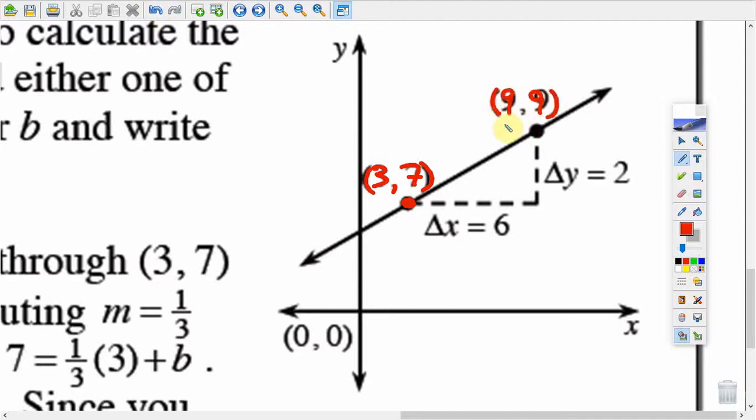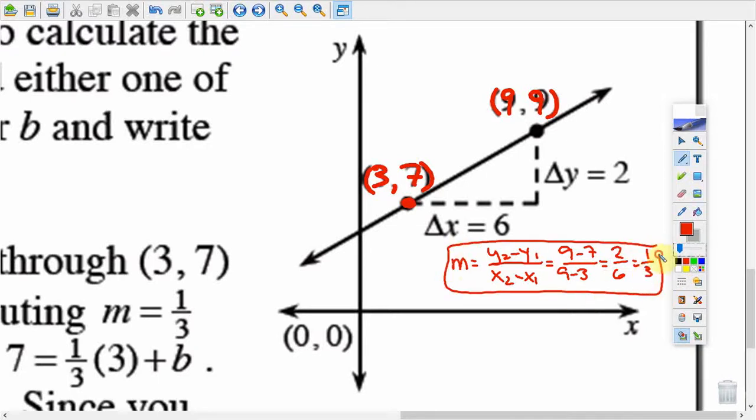We're going to calculate the slope. You can either count it off the graph or remember your slope equation, which is y2 minus y1 over x2 minus x1. So that would be 9 minus 7 over 9 minus 3, which would be 2 over 6, or 1/3. Now we have the slope is 1/3.